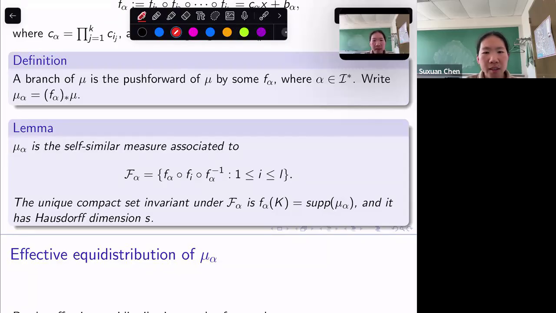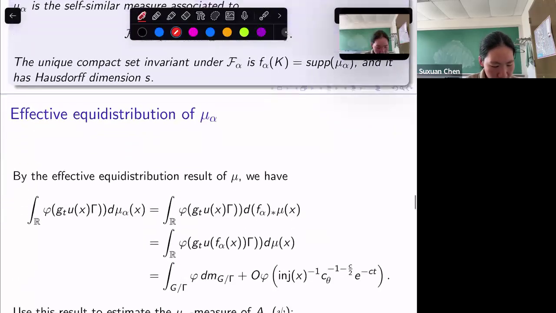And then the unique compact set invariant under this system is the image of K under F_alpha, and it is also the support of mu_alpha. This unique compact set also has Hausdorff dimension s, which is the same as the Hausdorff dimension of the original self-similar set.